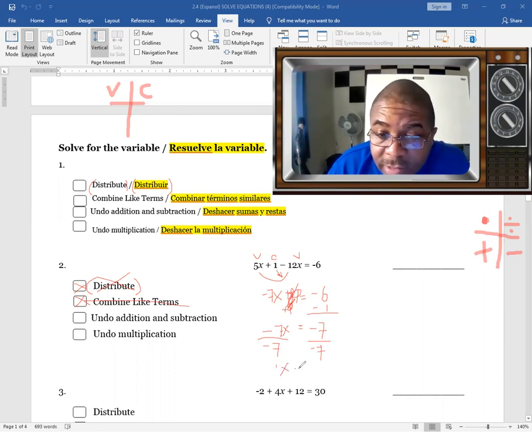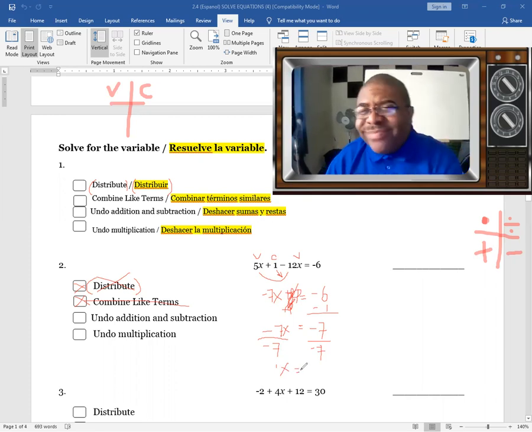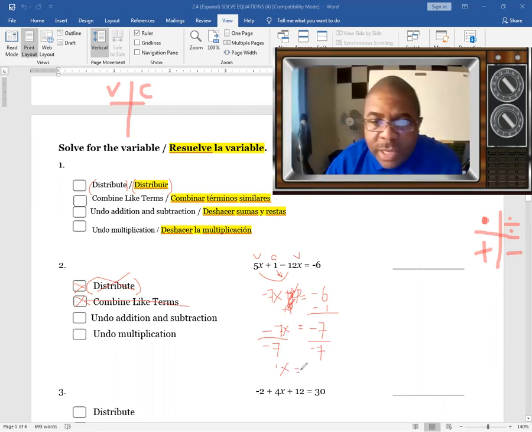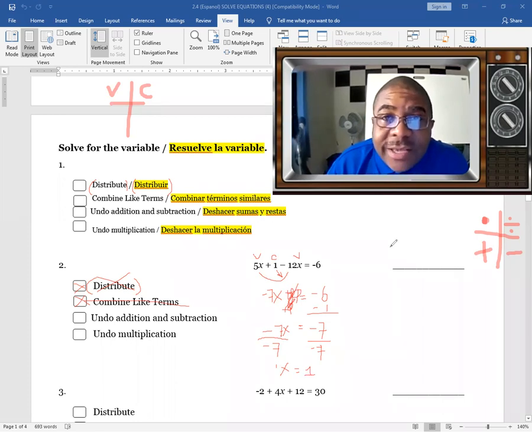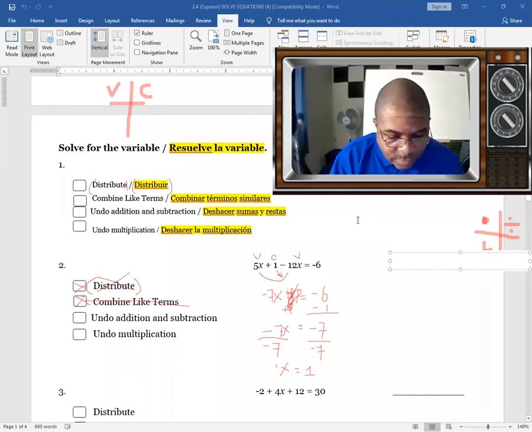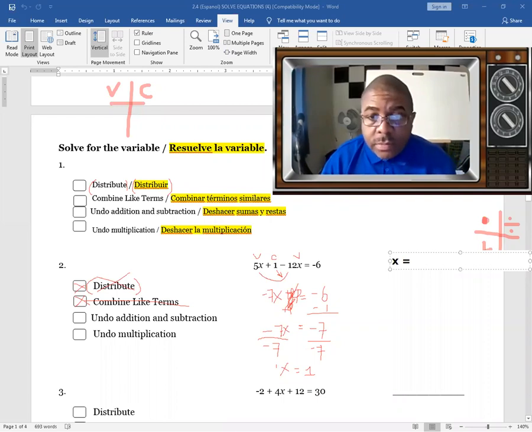It's actually 1x, right? Because who's number 1? And negative 7 into negative 7 is 1. I told you I was number 1. All right. So our answer here is x equals 1.